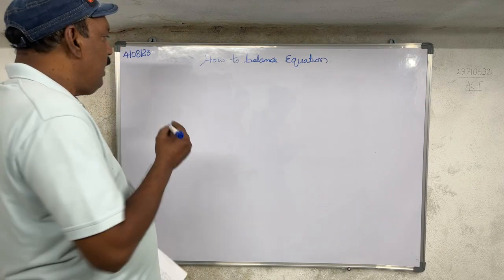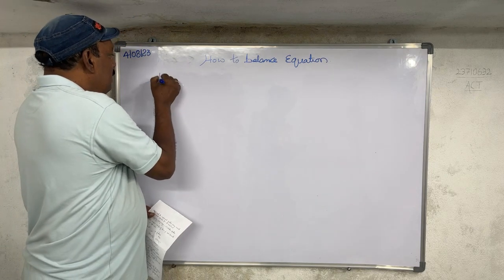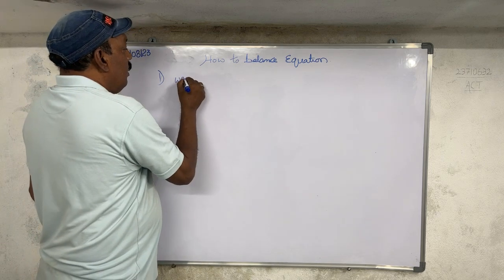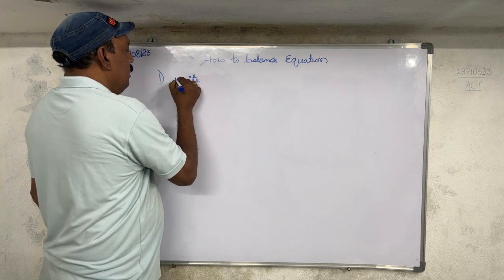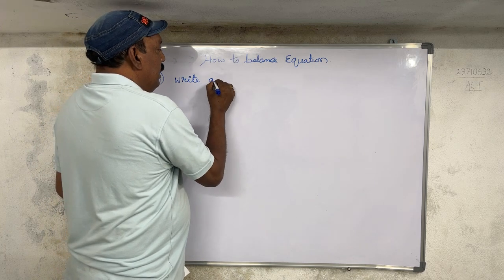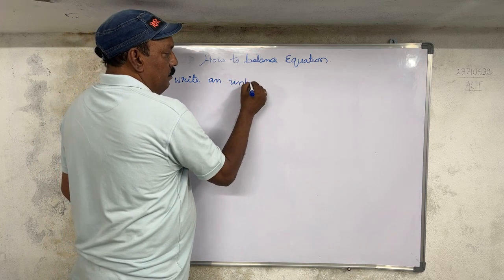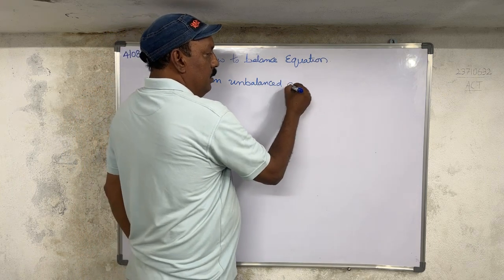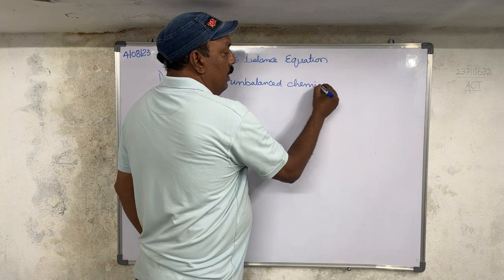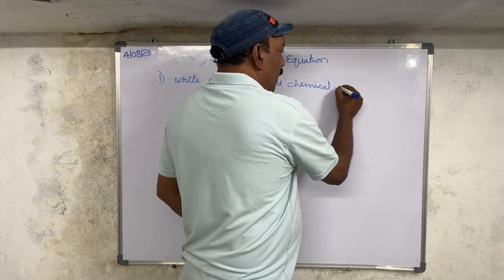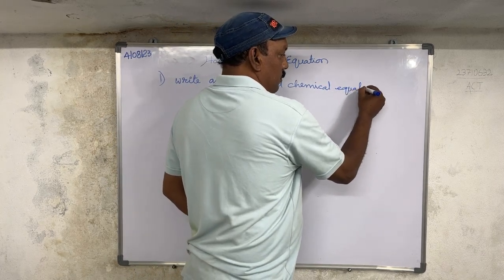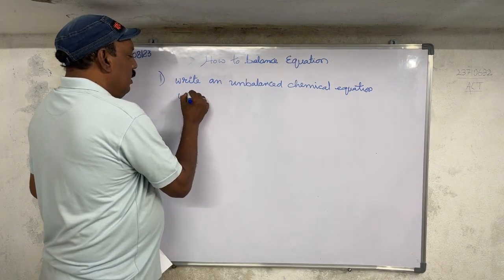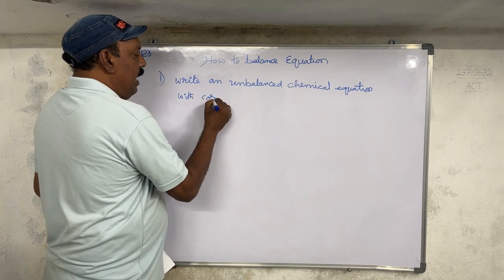So the first one, step number 1: write an unbalanced chemical equation with correct formula.